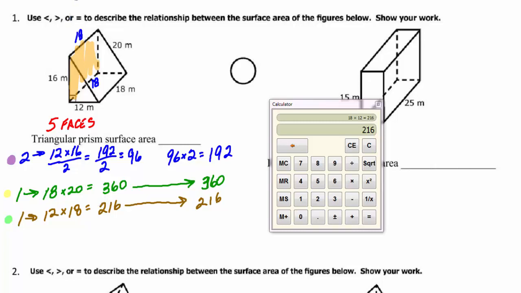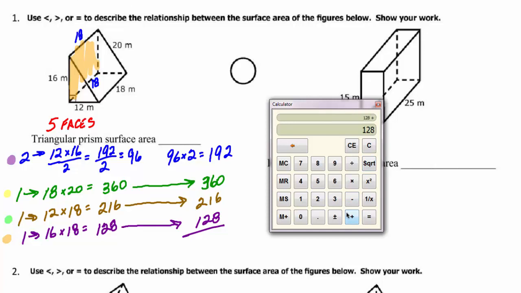So I'm going to have one more face here, and that's this orange face that I'm doing. That's going to be one face that is 16 by 18, for a total of 288. Bring that over.